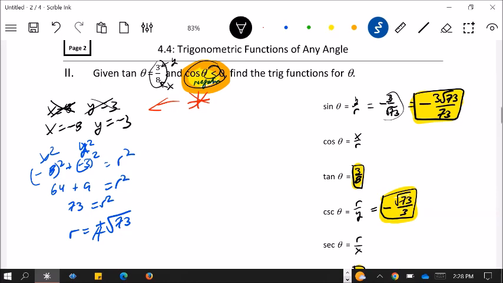Now for the x, we'll do the same type of thing, except now it's -8 over the square root of 73, which of course is still negative, and it's 8 times the square root of 73 on top, and leave the 73 on the bottom.